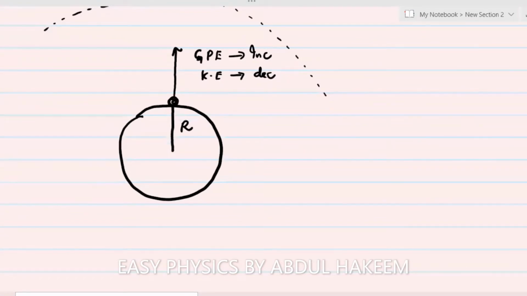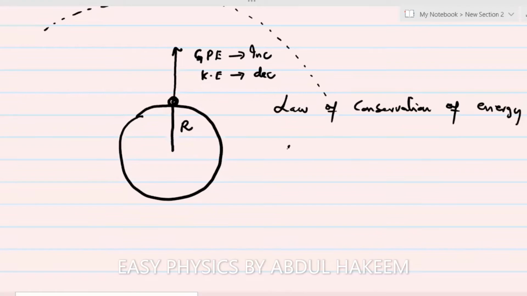Now, according to the law of conservation of energy, change in kinetic energy is equal to change in gravitational potential energy.